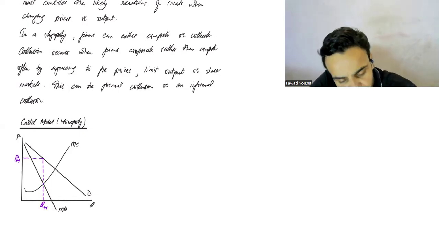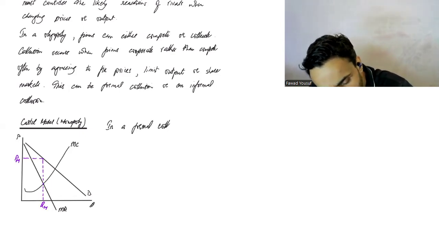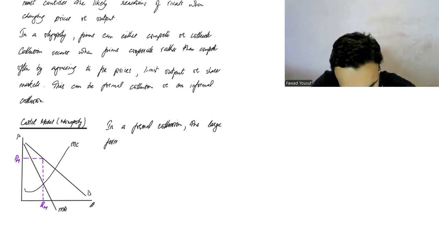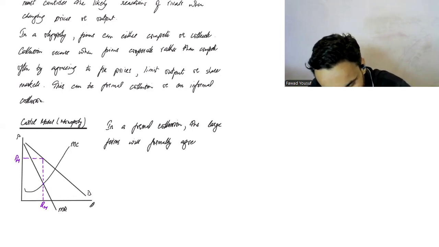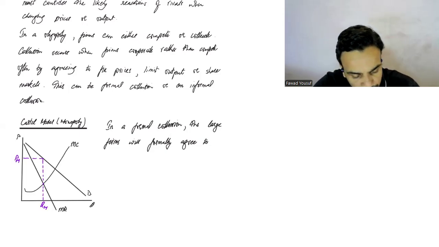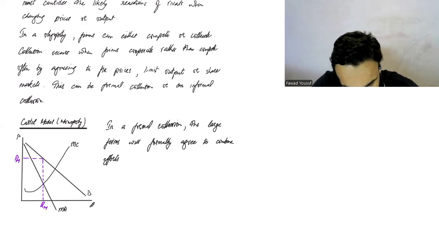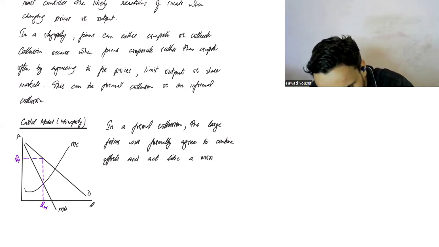because when they get together this is what they do, they act as a cartel compared to a regular scene, and I can explain this that so in a formal collusion the large firms will formally agree to combine efforts and act like a monopoly.